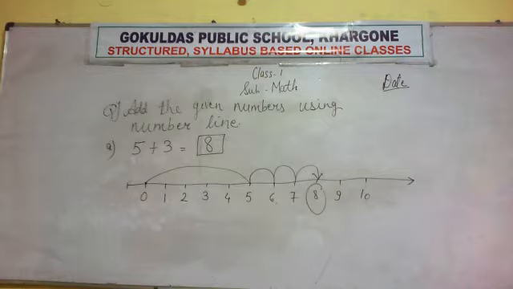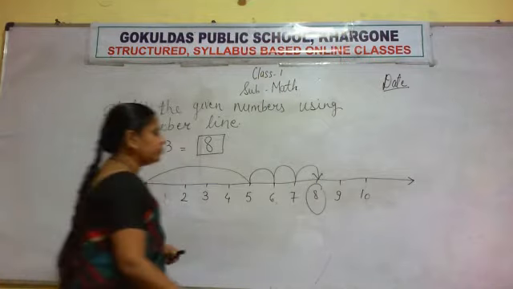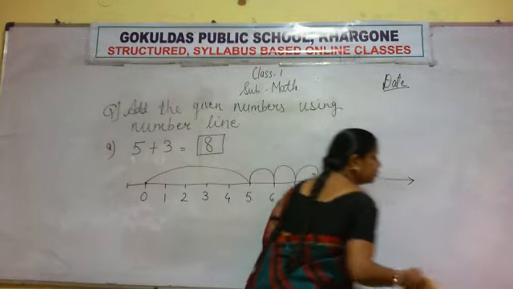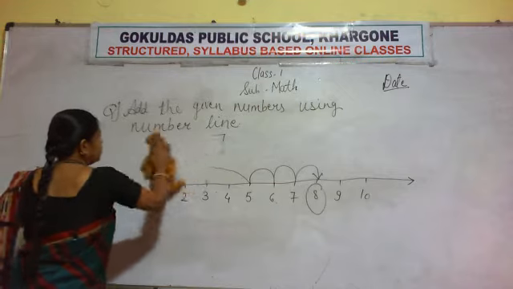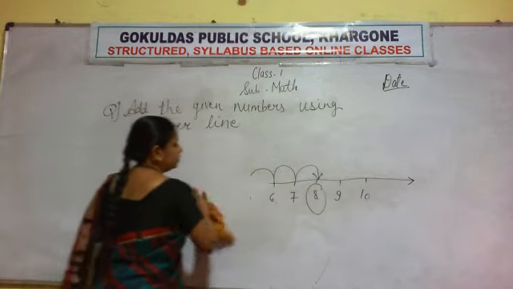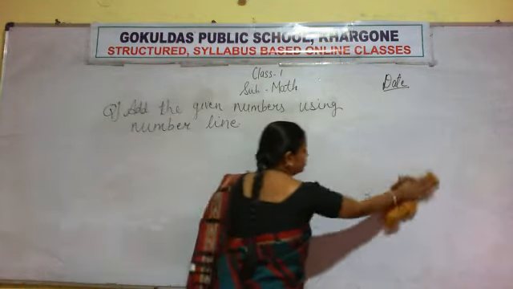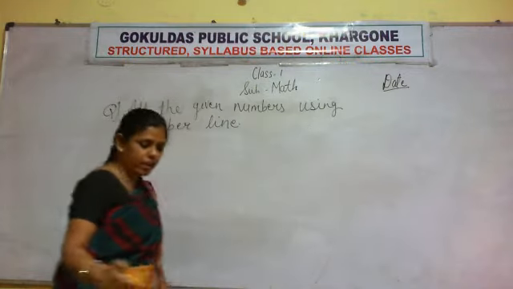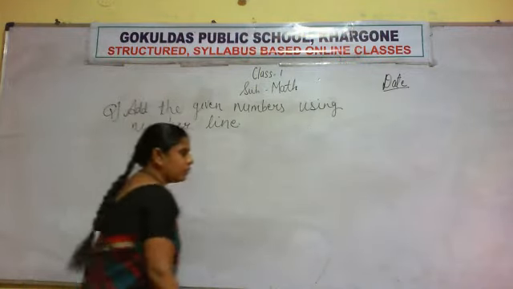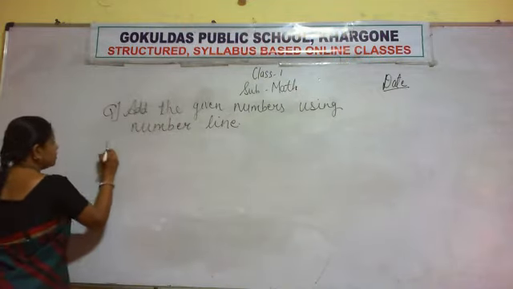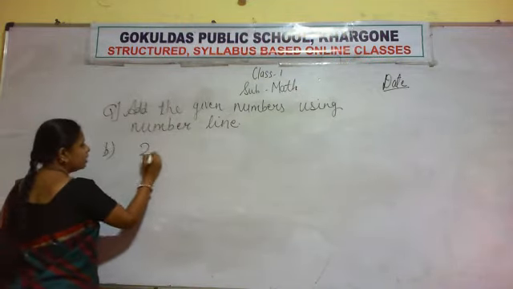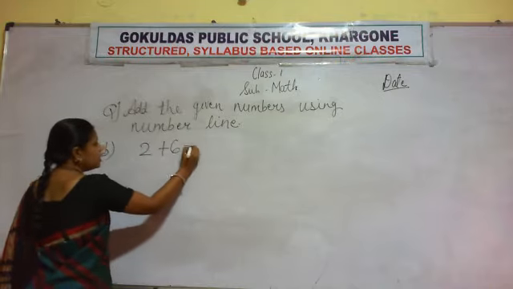Now the second question. What is the question given? 2 plus 6. We write 2 plus 6.